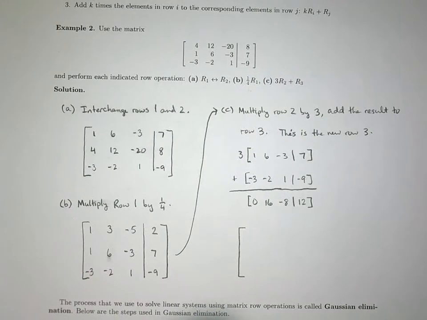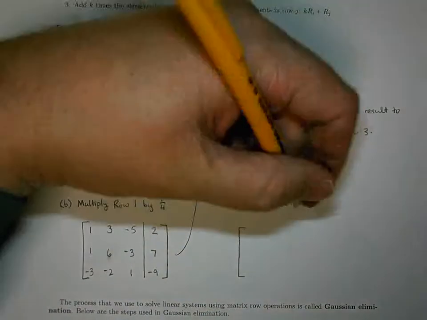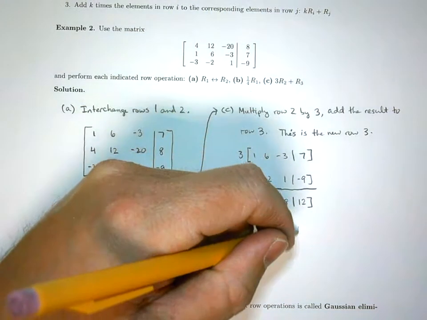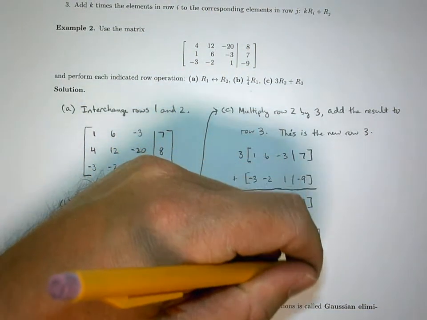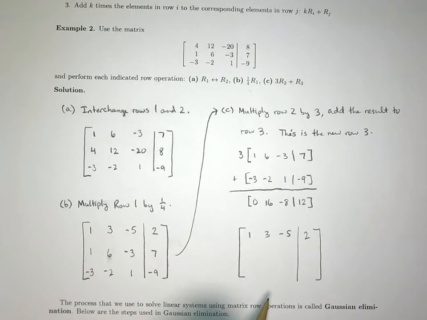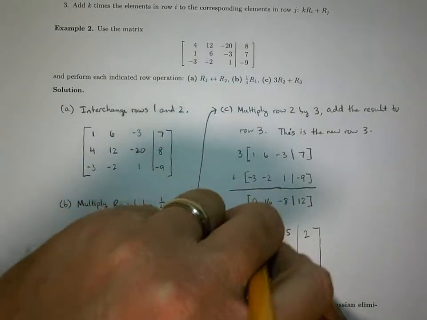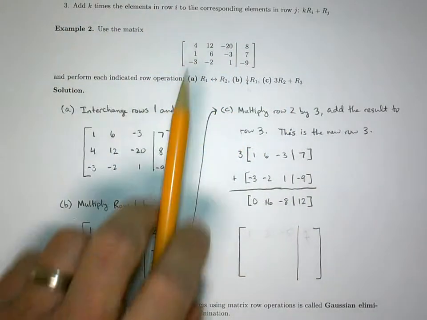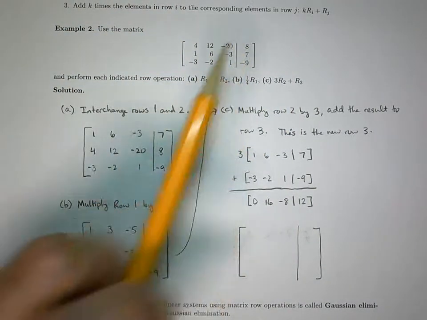First and second rows are unaffected. So I've got 1, 3, negative 5, 2 as the first row, just like in the original. Oh, I apologize, that was after I multiplied by 1/4. It's 4, 12, negative 20, and 8, just as in the original.